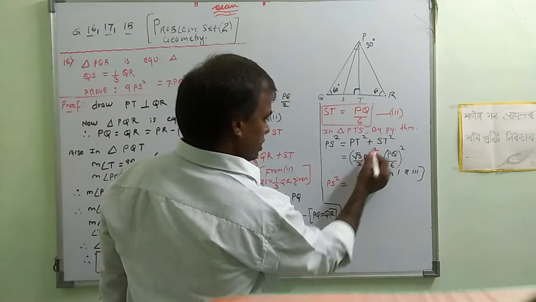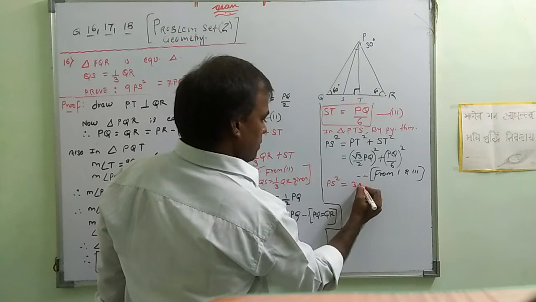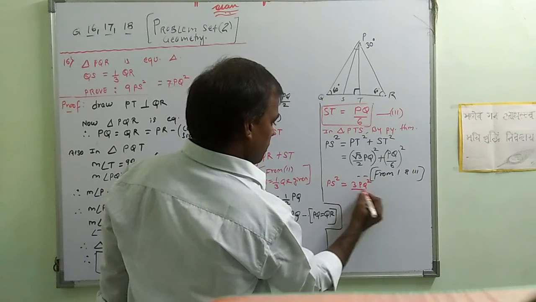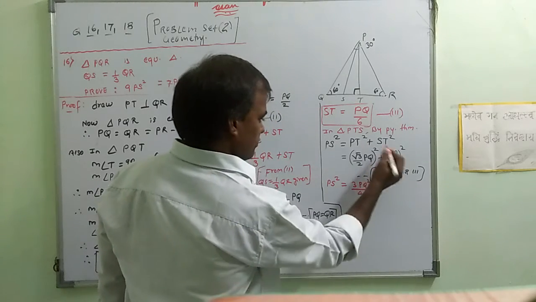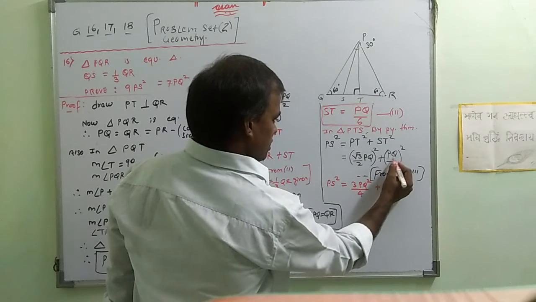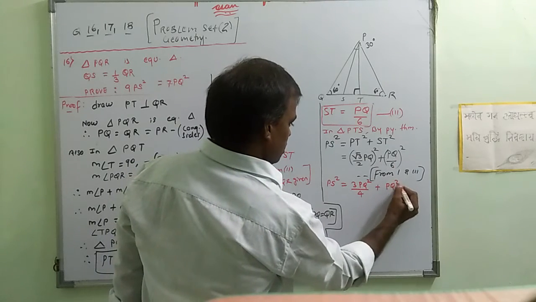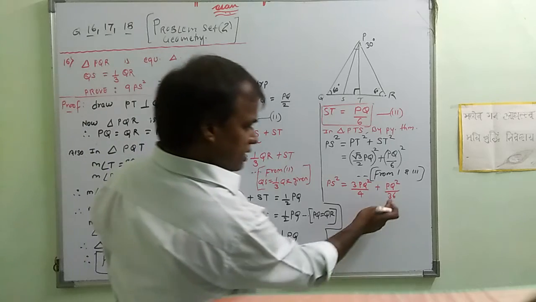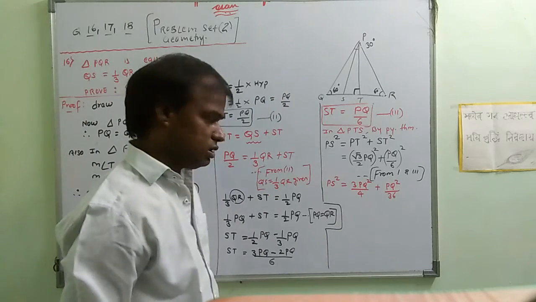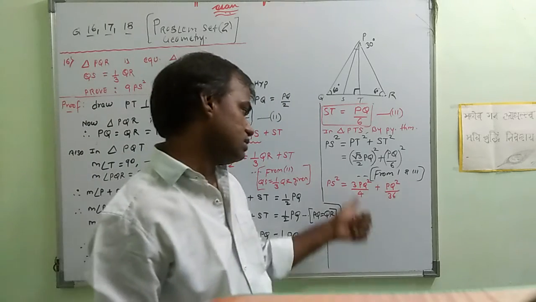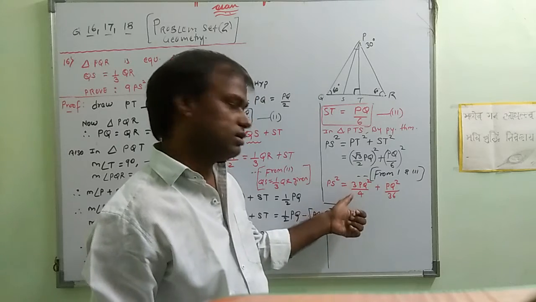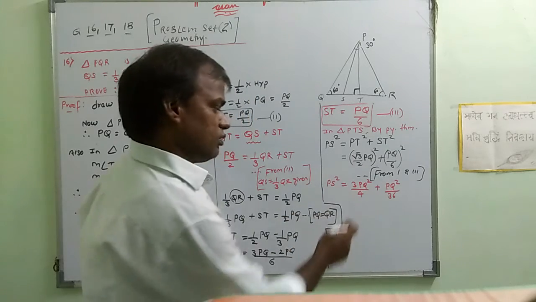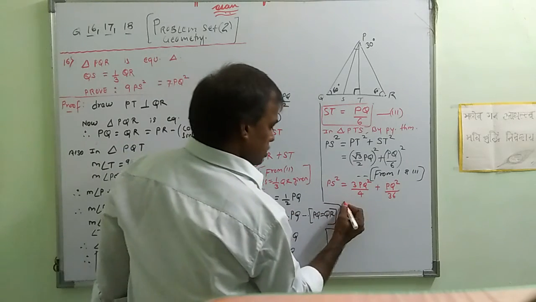So root 3 square will become 3. PQ square upon 2 square will become 4. 3 upon 4 PQ square plus PQ square upon 36. So to make the denominator equal, we need to multiply this fraction by 9. 9 times 3 and 9 times 4. So the denominator will become equal.